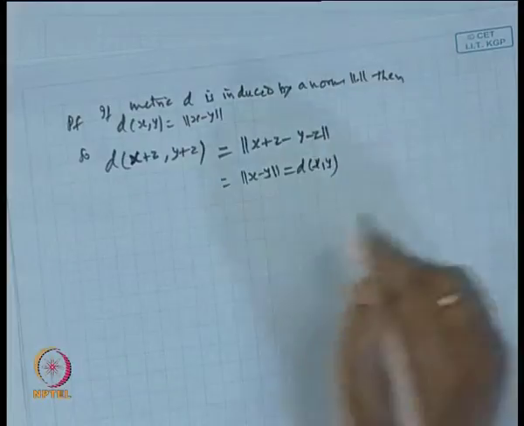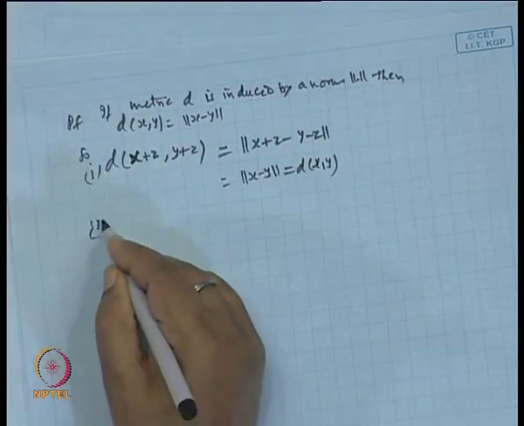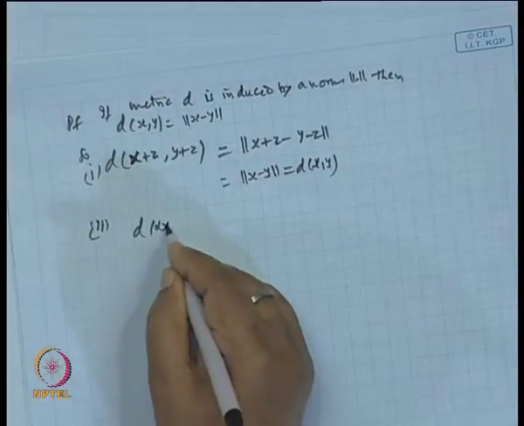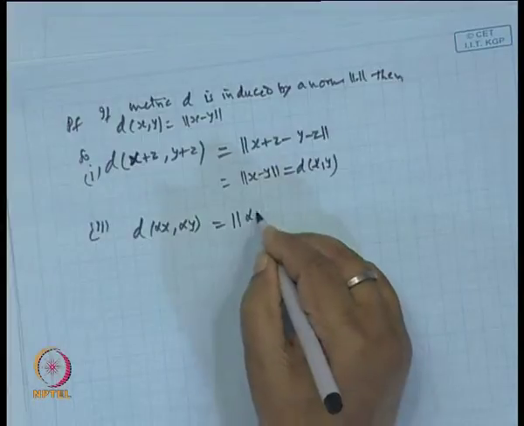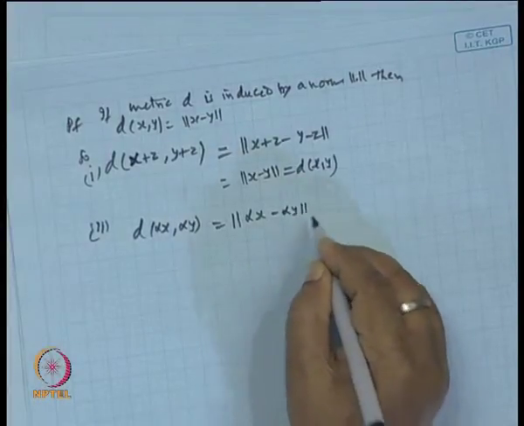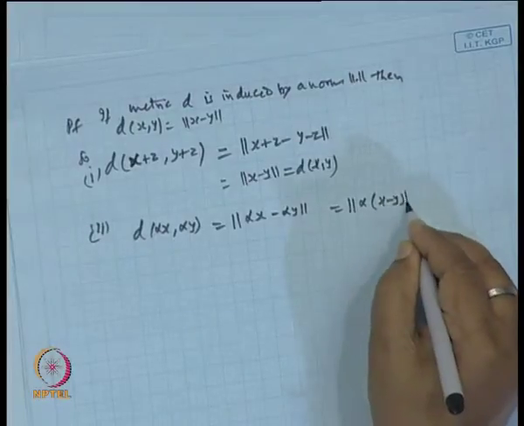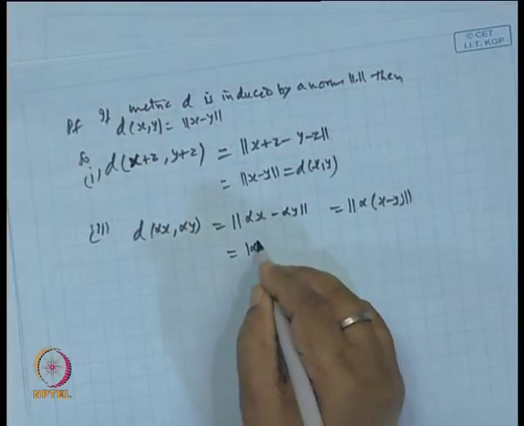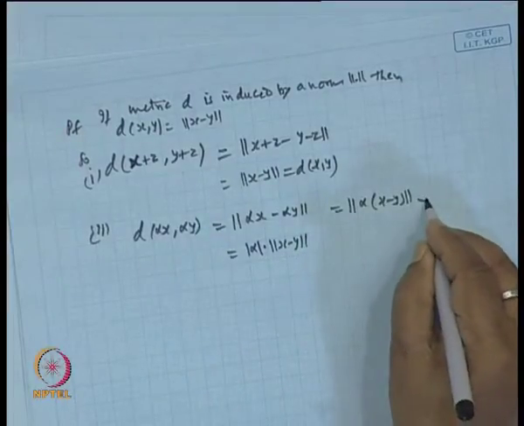Clear? Second part. First is to second: if d of alpha x, alpha y, then this will be equal to norm of alpha x minus alpha y. So, this will be equal to norm of alpha times (x minus y), which is equal to mod alpha into norm of x minus y, because this is a norm.